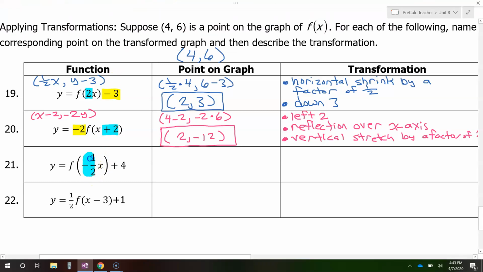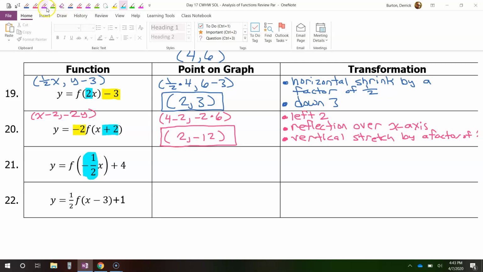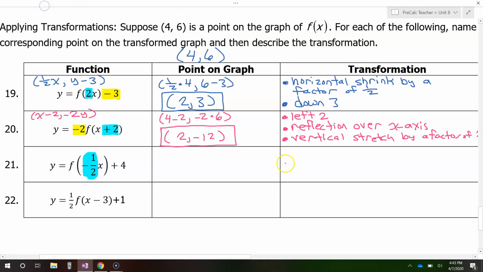Well, this is what is going on inside the function. Remember, this is going to be something horizontal happening. This is going to be a horizontal transformation. So I'm going to go ahead and write horizontal. Okay, everything inside the function is horizontal.